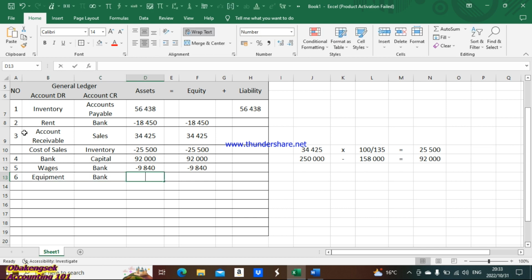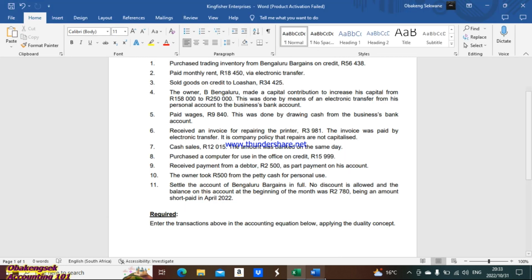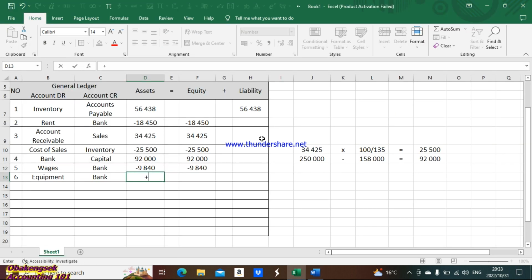And then we have bank, and our equipment is an asset. So what we're going to have is our equipment is going to increase by 3,981. Then our bank, I'm not sure how to do this one actually.